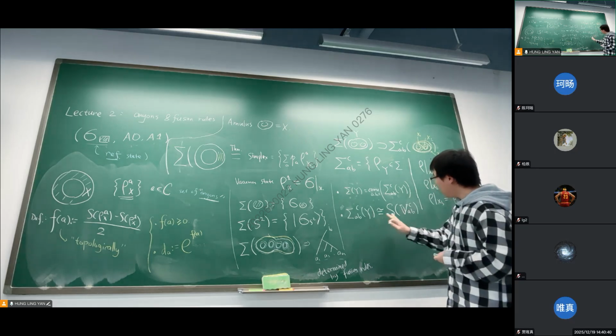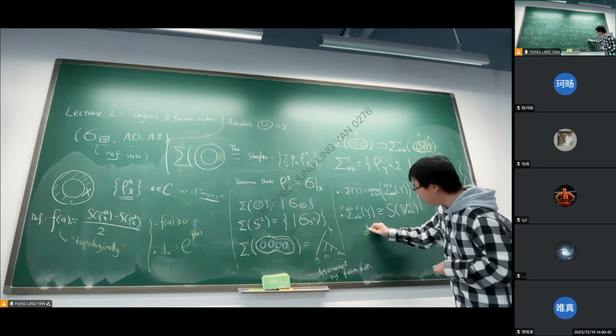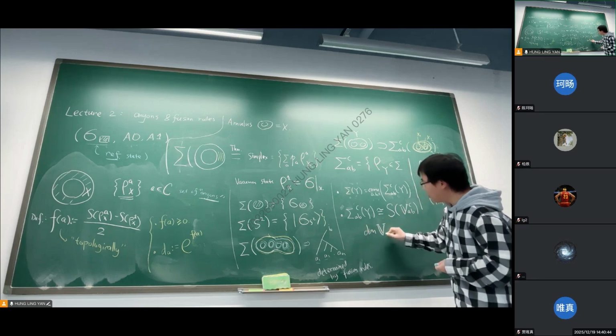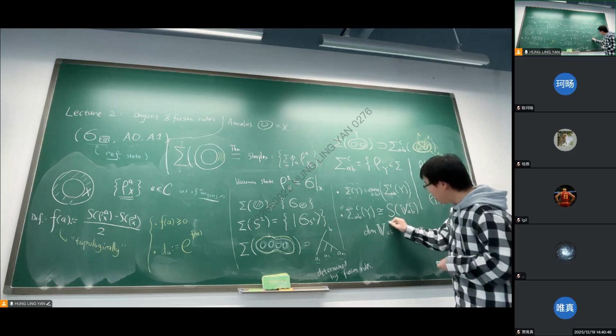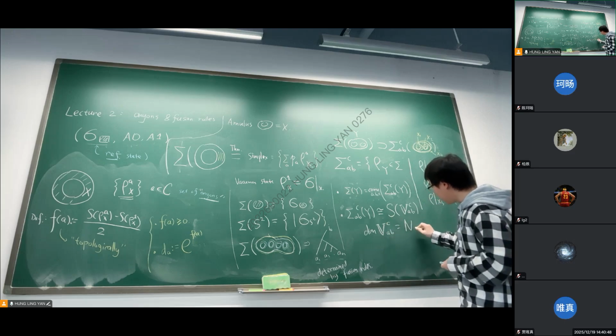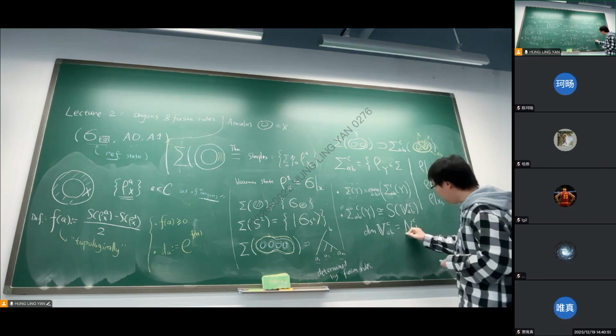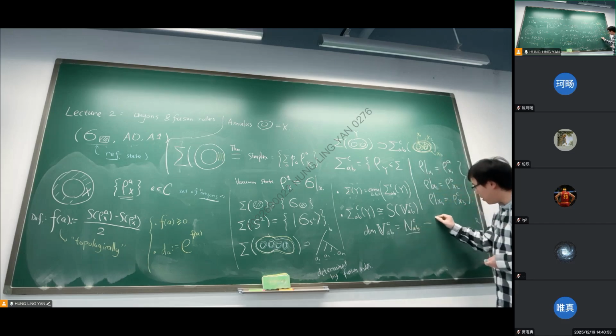And then the dimension of this finite dimensional Hilbert space will give you some integers, the integers of A, B, and C. These we call fusion multiplicities.